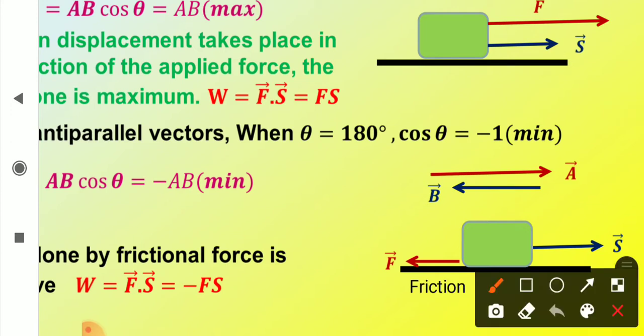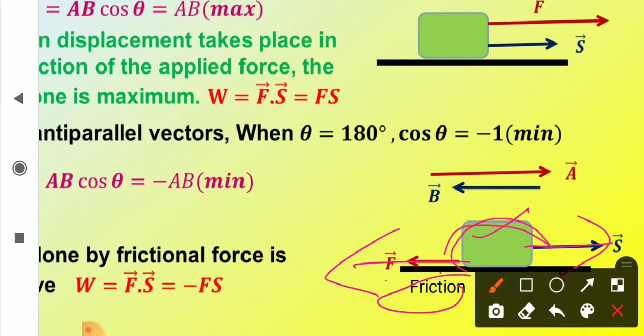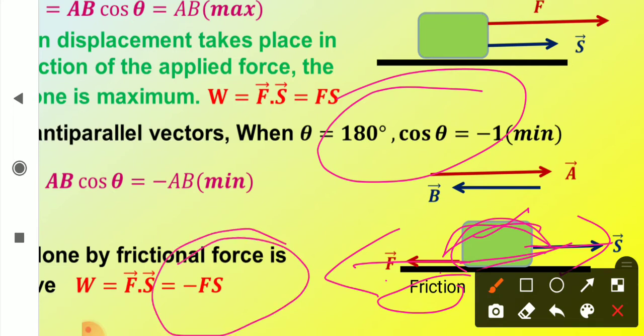If a body is moving along this direction, displacement is S, then there will be frictional force acting between the body and the surface in contact, and frictional force opposes motion, so it is in opposite direction. So the angle between these two is 180 degree, and so the work done is negative. So work done can be negative also.